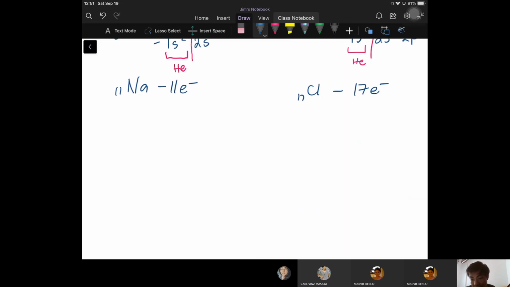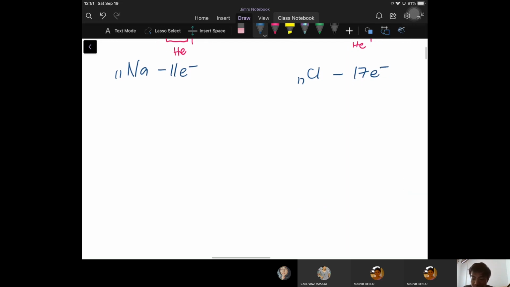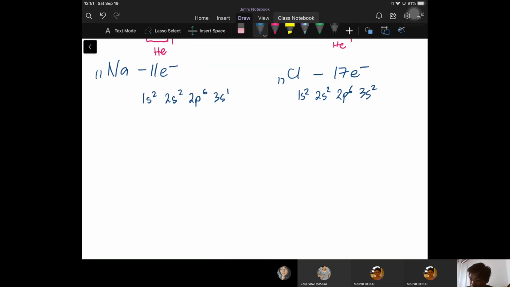Sulat muna natin yung electron configuration niya. So that's 1s2, 2s2, 2p6, 3s1. For chlorine, 17 yung electrons. So 1s2, 2s2, 2p6, 3s2. 12 na yan. 5 na lang, 3p5 na. Again, let's trace the core and the valence electrons na.